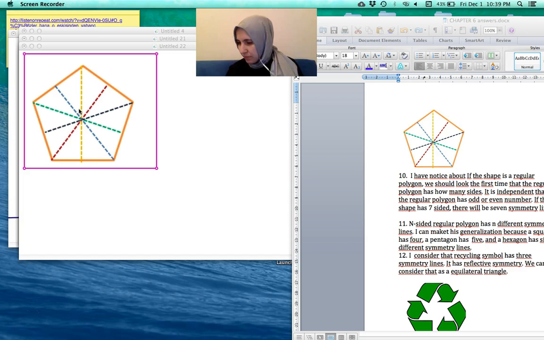Question 10. What do you notice about the lines of symmetry for regular polygons that have an odd number of sides? How does this compare to the lines of symmetry for regular polygons that have an even number of sides? I have noticed that if the shape is a regular polygon, we should first look at how many sides the regular polygon has.